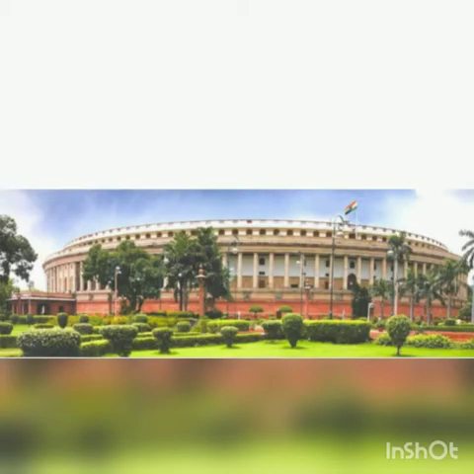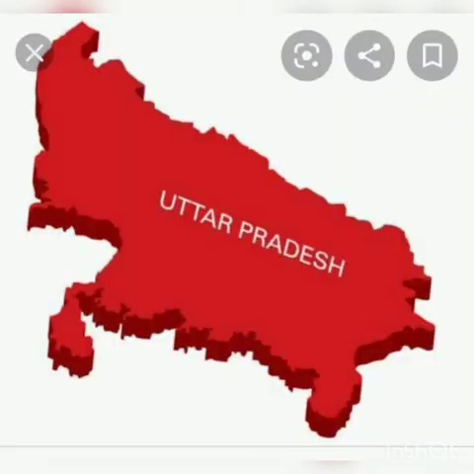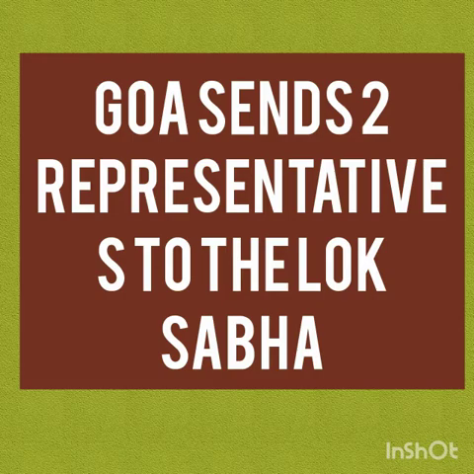Depending upon the population of the state, the number of representatives is decided. A state like Uttar Pradesh is very highly populated, and so there are around 80 members that are elected from Uttar Pradesh to the Lok Sabha. Whereas states like Mizoram send just 1 representative because these are very low populated areas. Goa sends 2 representatives to the Lok Sabha, one from North Goa and the other from South Goa.